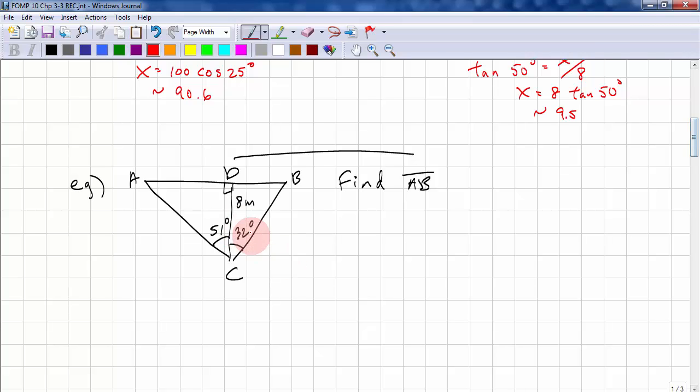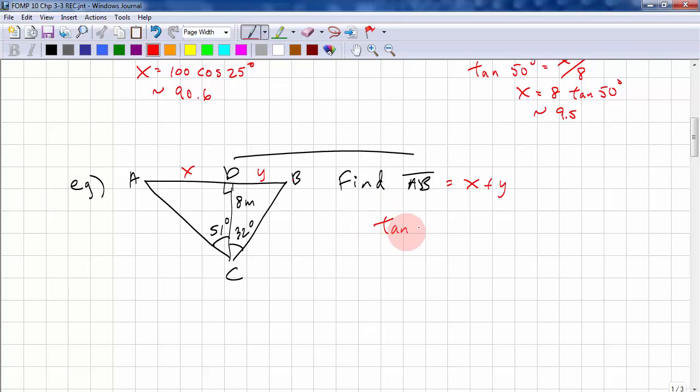Okay, so here's all our given values. We need to label our unknowns, x and y. This one says find AB, and the only way we get AB is by finding x and y and then adding them together, so x plus y. We can figure out x, this is opposite over adjacent.